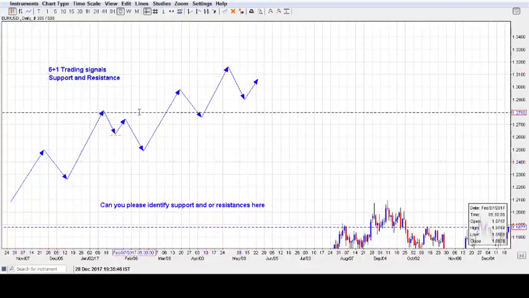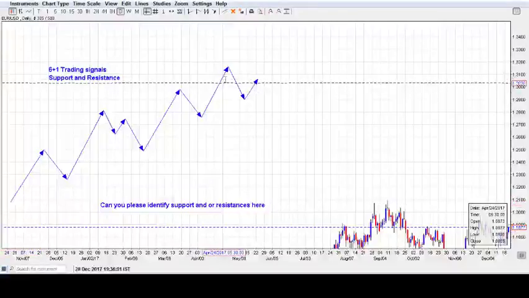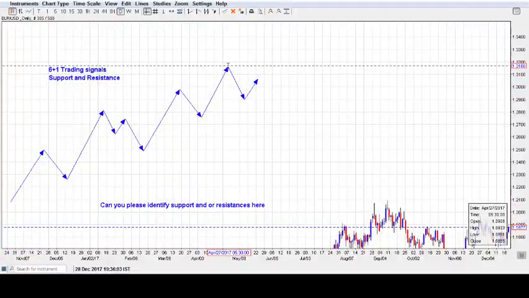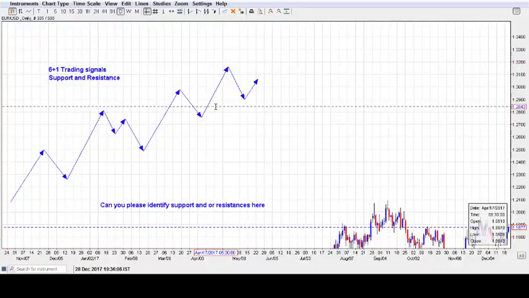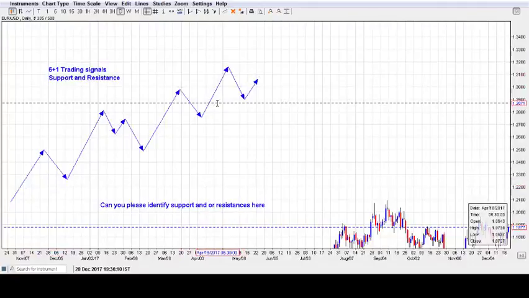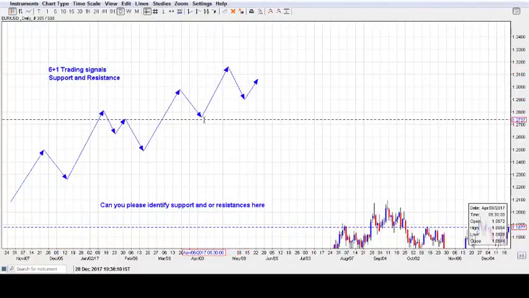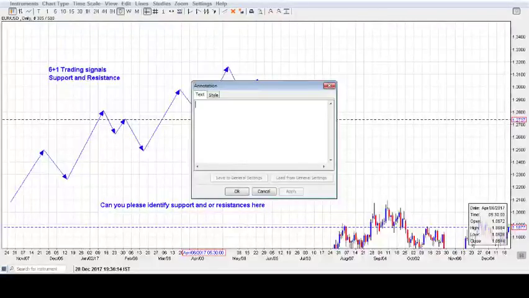I repeat, catch the highest point. Find out the highest point of the rising market, which is here, and then run your eyes inclined backwards, and then stop at every low. That would be your supports.